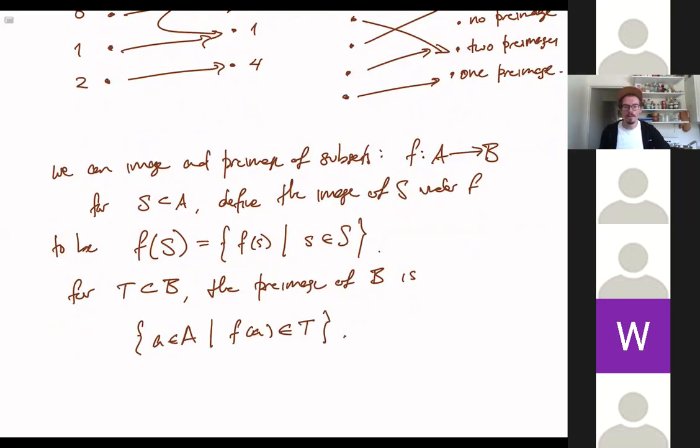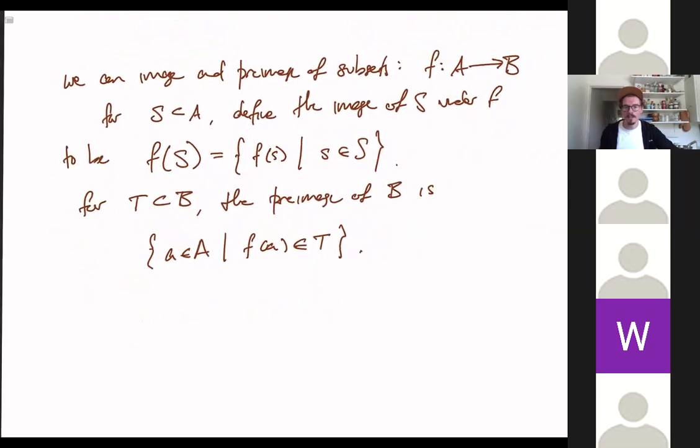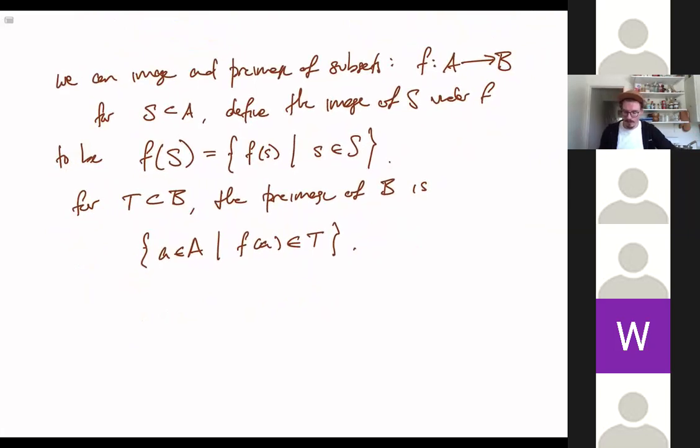So before, it was all the elements mapping to this particular element. Now it's all the elements mapping to this particular subset. Again, it's essentially the same idea. And one particular example of this that we talk about most frequently.